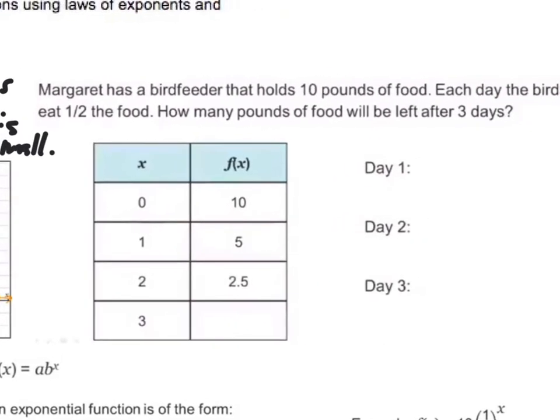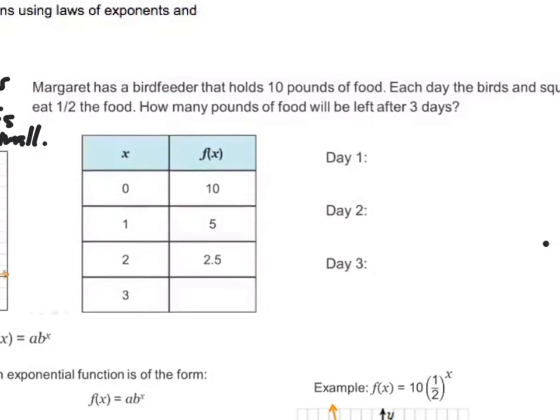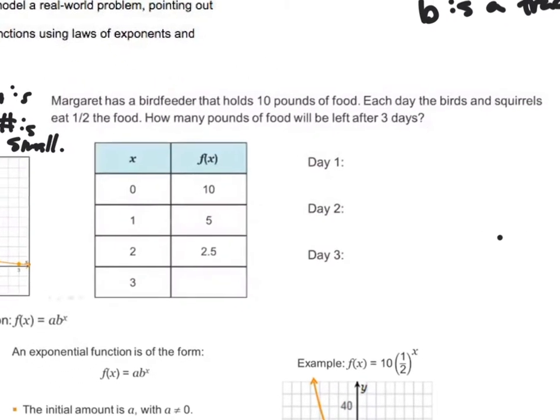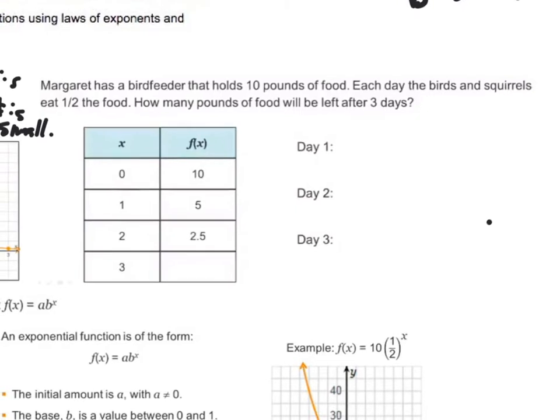Let's look at an example. Margaret has a bird feeder that holds 10 pounds of food. Each day the birds and squirrels eat half the food. How many pounds of food will be left after 3 days? On day 0, you've got 10 pounds of food. After 1 day, you've got 5 pounds.